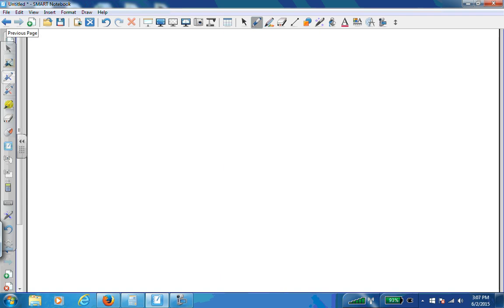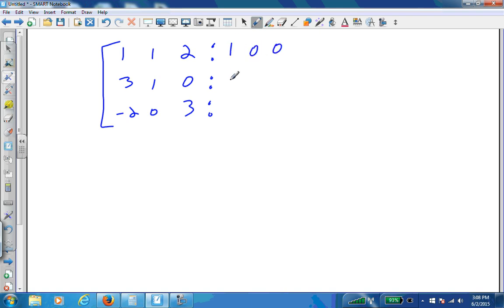But if we want to find the inverse of a 3x3, for example, if we have this matrix, if we want to find its inverse, put it in augmented matrix form with a 3x3 identity matrix.